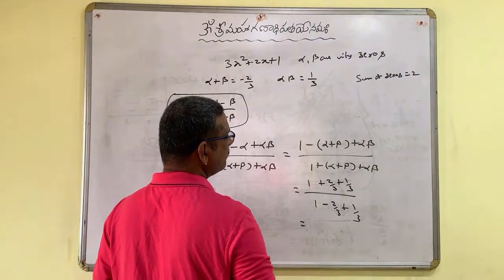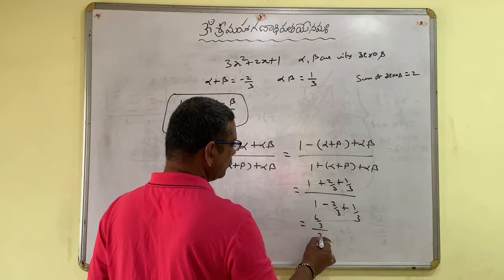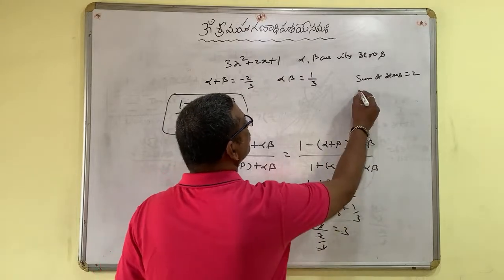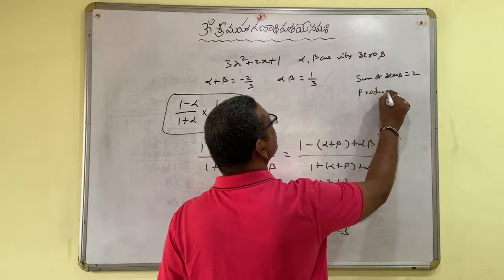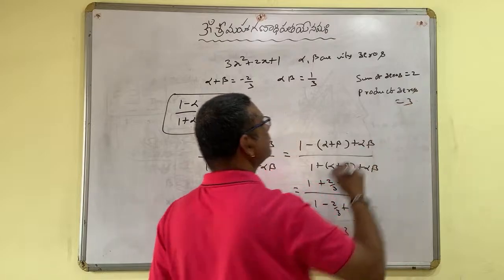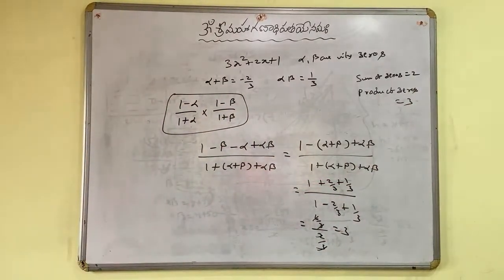So 6 by 3 on the top, 2 by 3 on the bottom. 3 gets cancelled, so the product of zeros is 3. Sum of zeros of the new polynomial is 2.